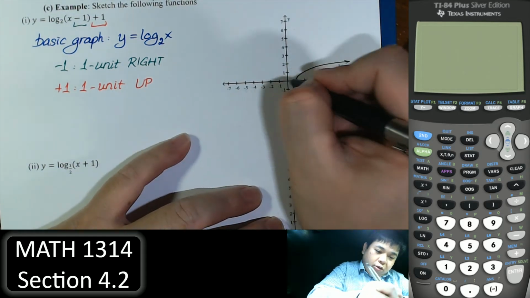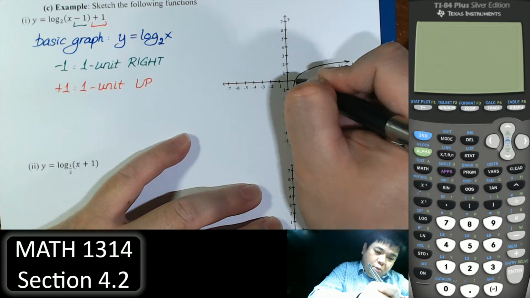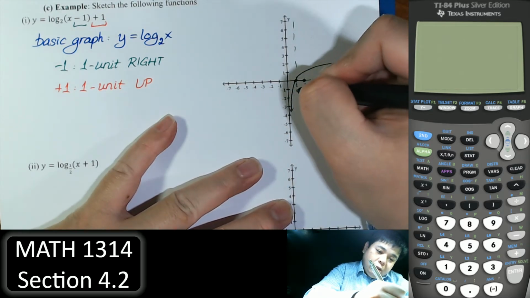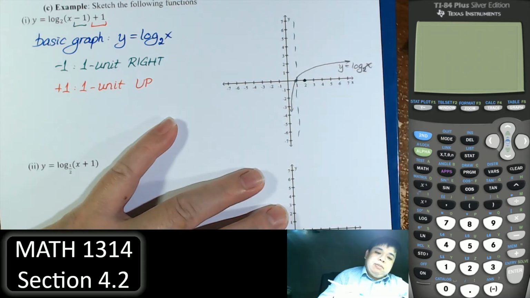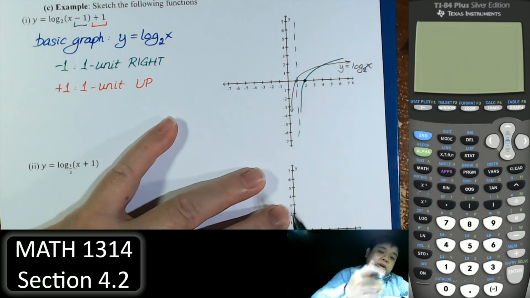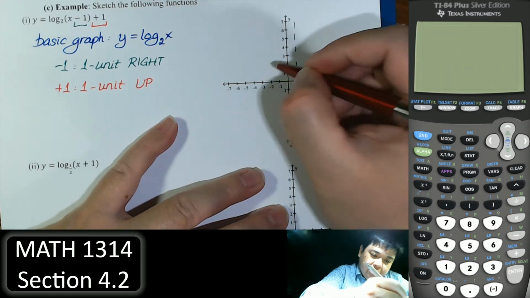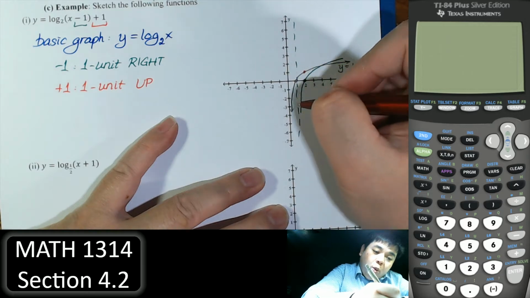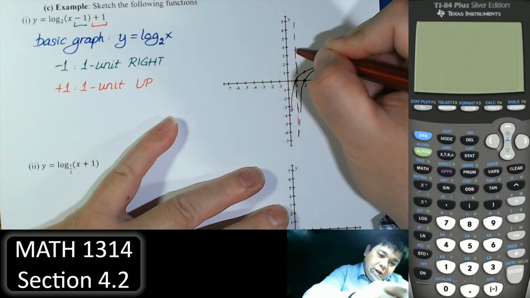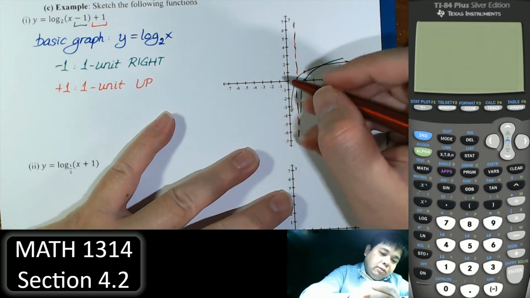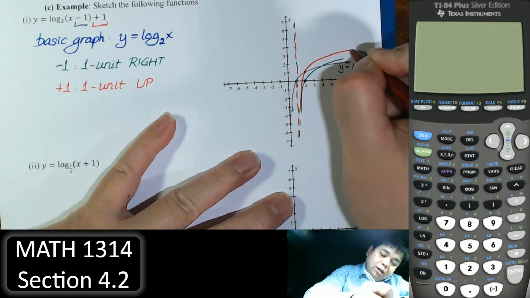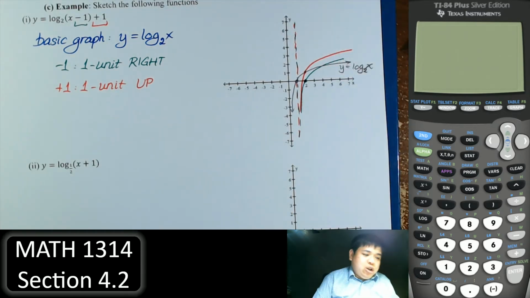So 1 unit to the right: this point moves 1 unit to the right, and the vertical asymptote will be 1 unit to the right. So graph, and then 1 unit up. When we go 1 unit up, the vertical asymptote is still the same line, but the point goes up. So that's just a sketch.